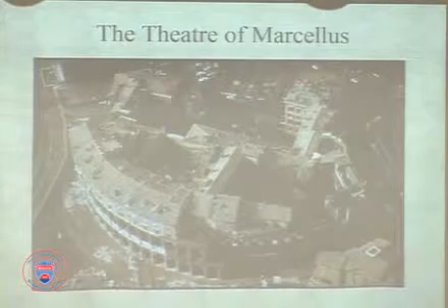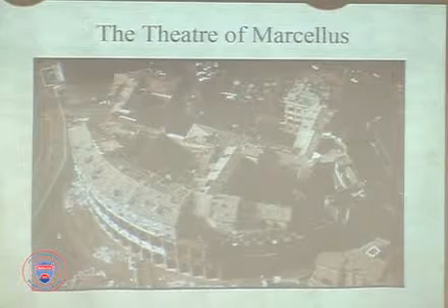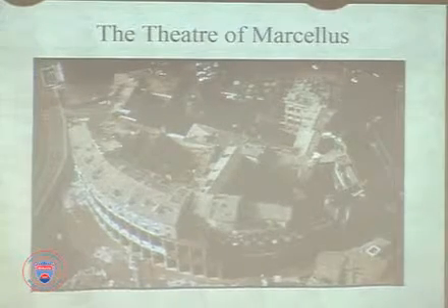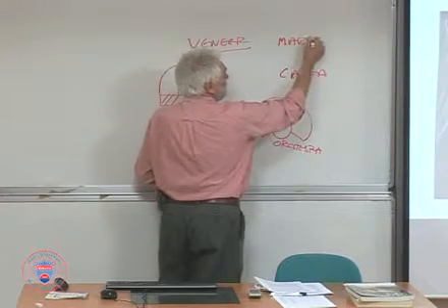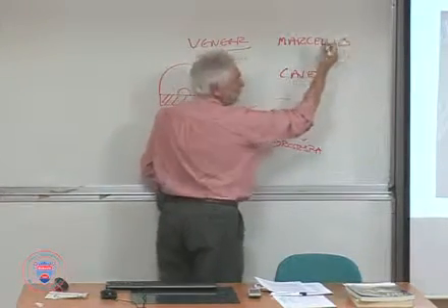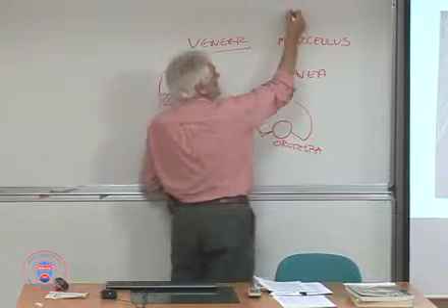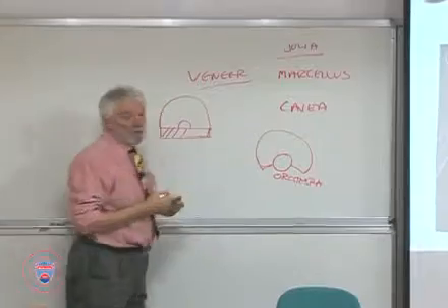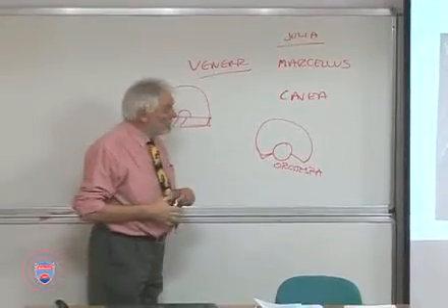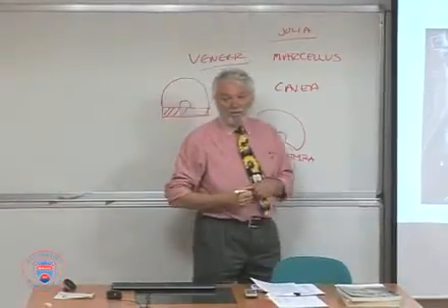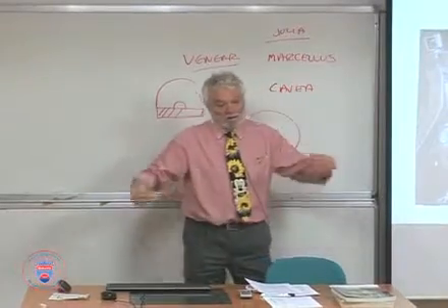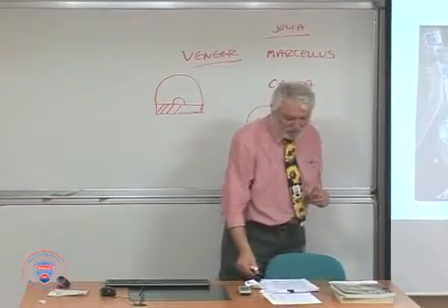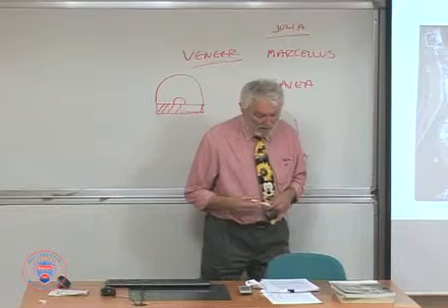And this is the theatre of Marcellus. Marcellus is his first son-in-law. Octavian, Augustus, has one daughter, Julia. She's married off to Marcellus in the hope that they're going to produce children, and he will have grandsons who will take over in the future.